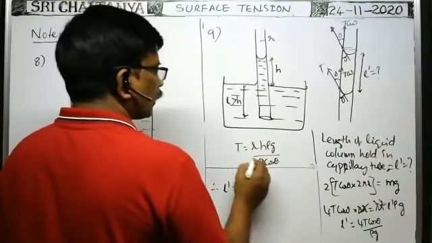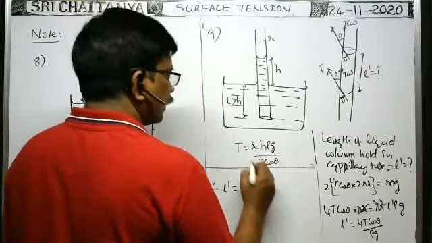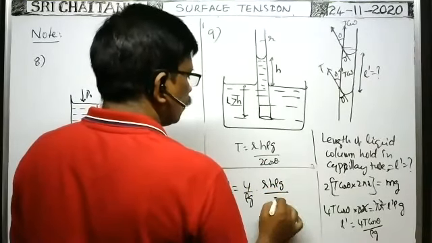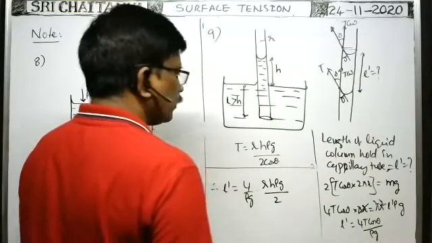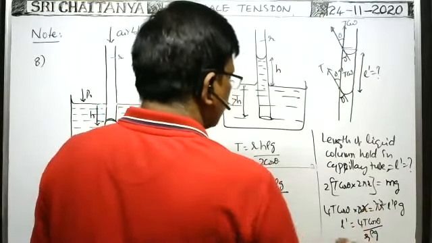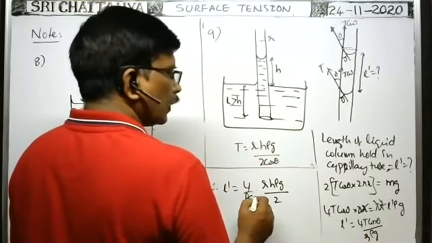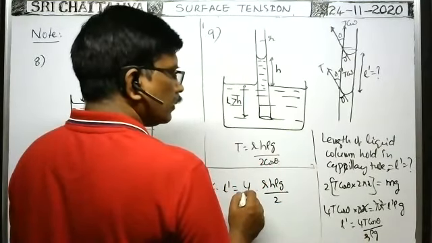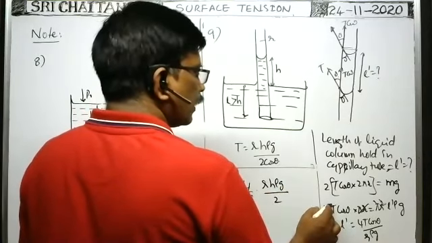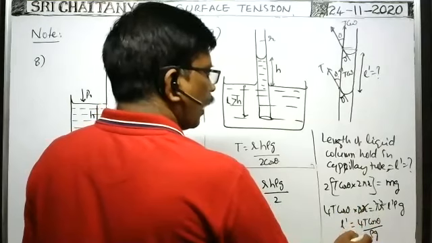T cos theta is equal to r h rho g by 2. Is it so, or is r there? I think r is there. So L dash is equal to 4T cos theta by r rho g.